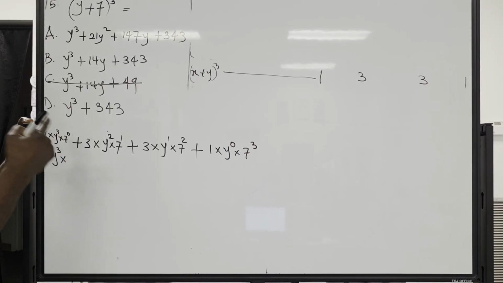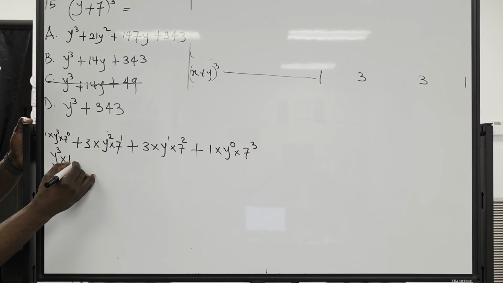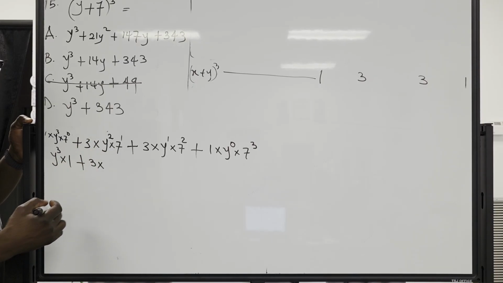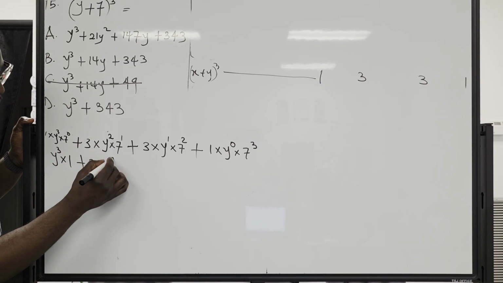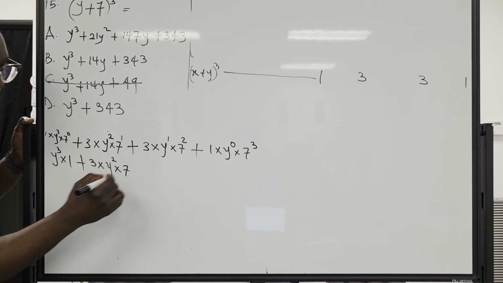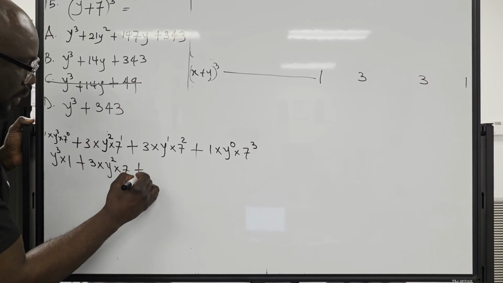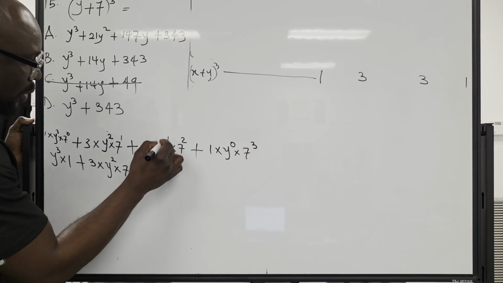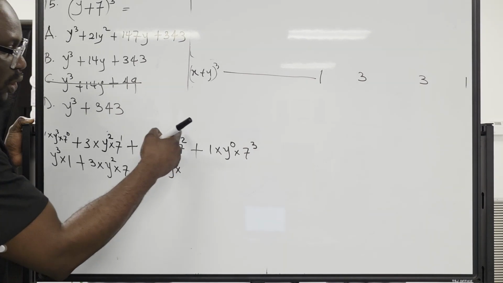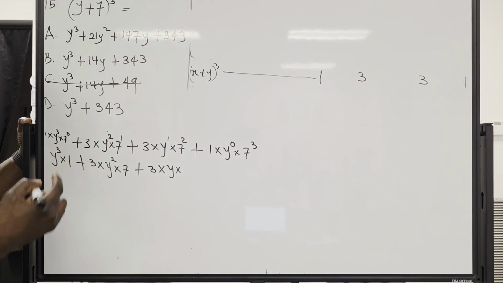Again, everything must add to 3 all the time. Plus 3 times y squared, times 7 to the 1 is 7, right? Plus 3 times y, times 7 squared, which is 49, right?